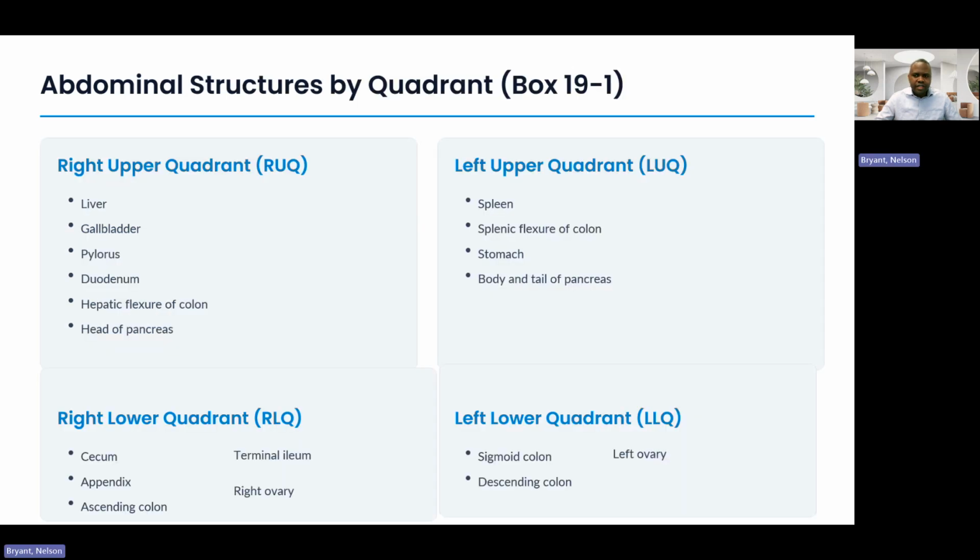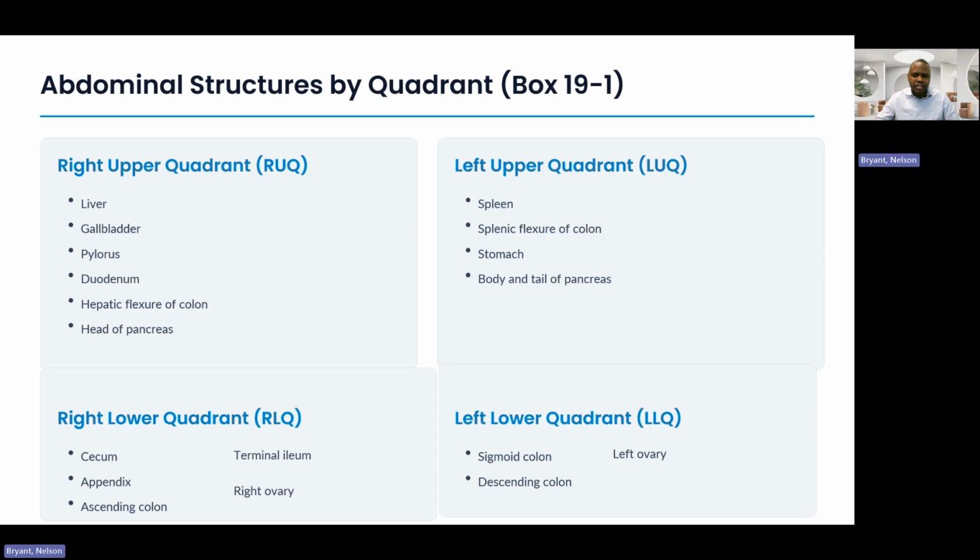So the abdomen is clinically divided into 4 quadrants. We categorize them as right upper, left upper, right lower, and left lower. The right upper quadrant contains the liver and the gallbladder mainly. The left upper quadrant includes the stomach and the spleen, and the left lower houses the descending and the sigmoid colon.